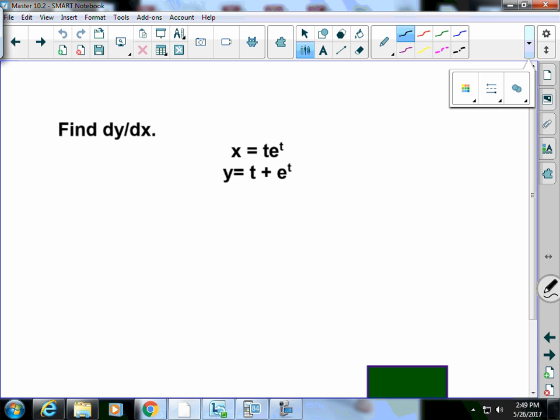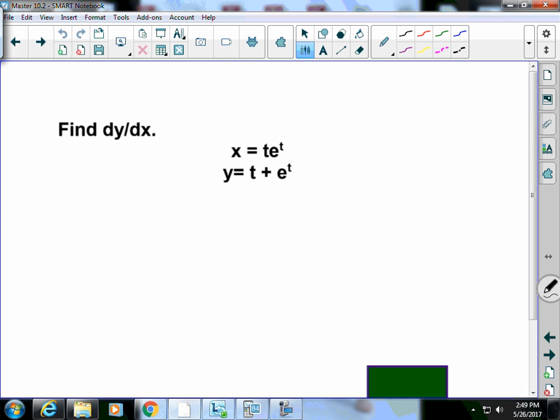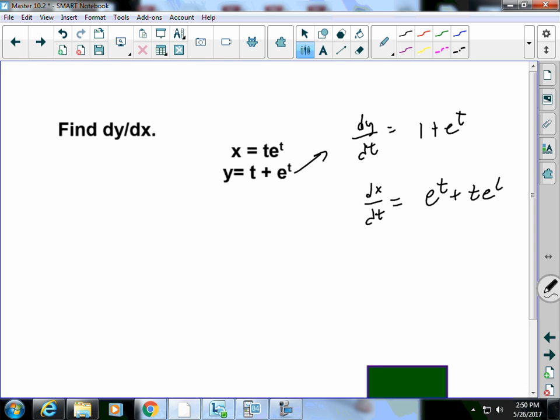So let me get my pen here. I got black. All right, so here we go. I want to find the dy/dx. I know that dy/dt is 1 plus e to the t. dx/dt is e to the t plus t e to the t, because the derivative of t is 1, that gives me the e to the t, and the derivative of e to the t is just e to the t times the t.